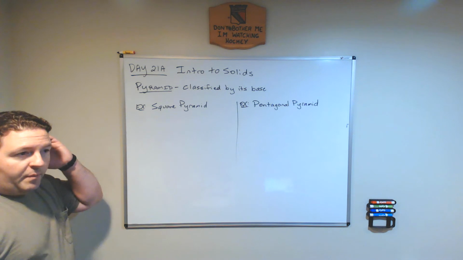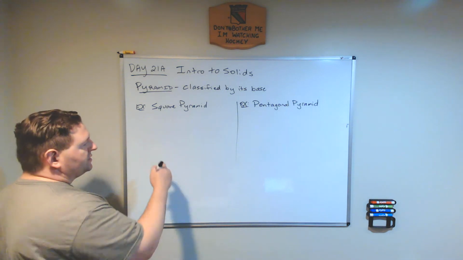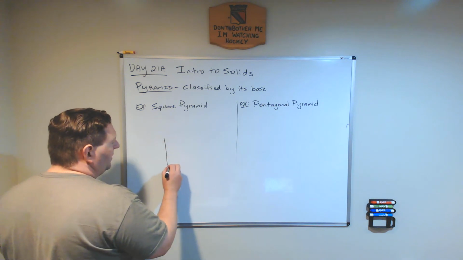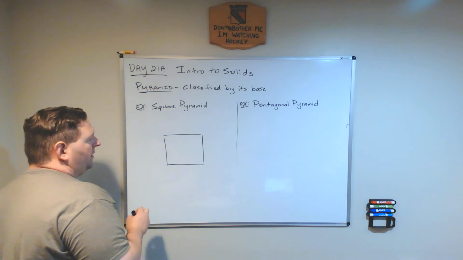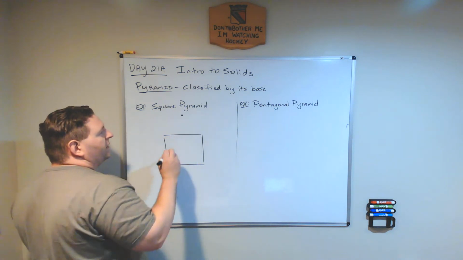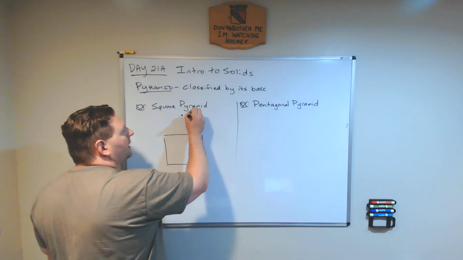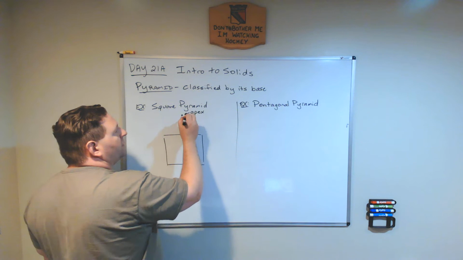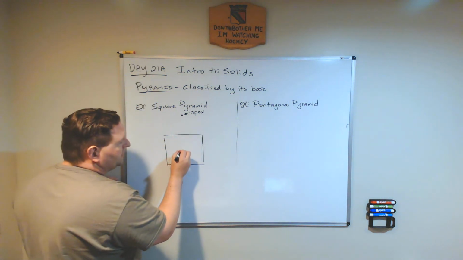So the square pyramid, we draw this. Again, try to do this in pencil because we're going to erase some of this away. We have a square, and then above it you're going to have the high point. It's called the apex point, the point that's directly above the center of the square.